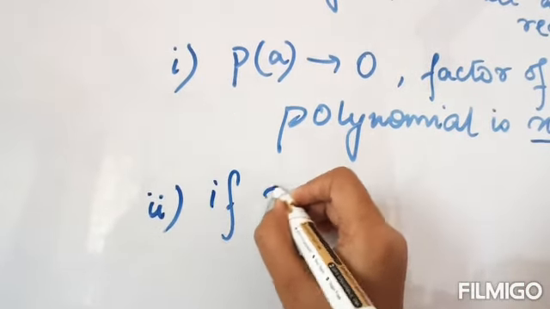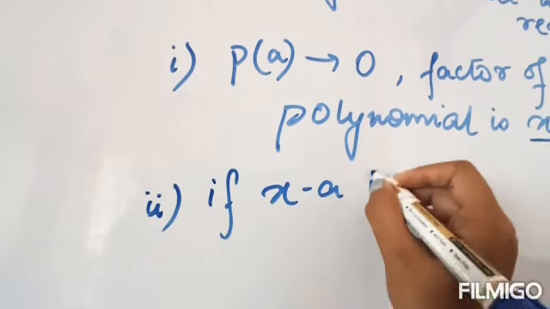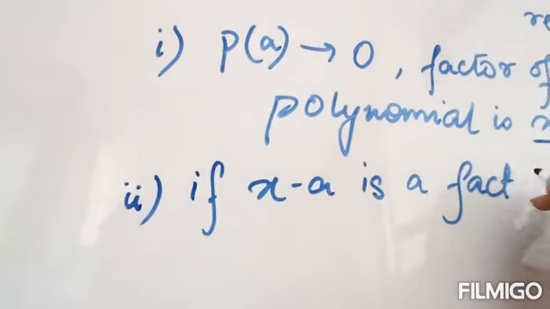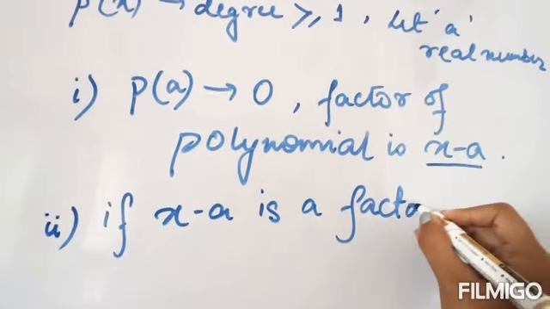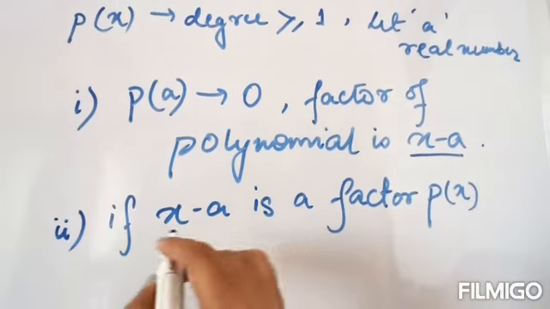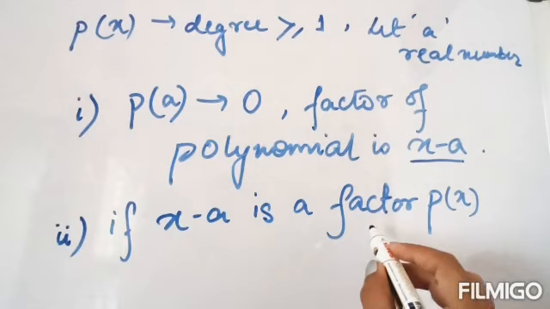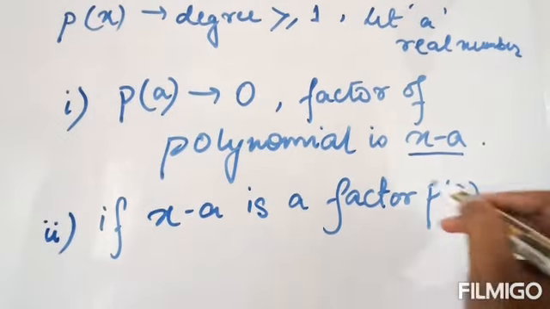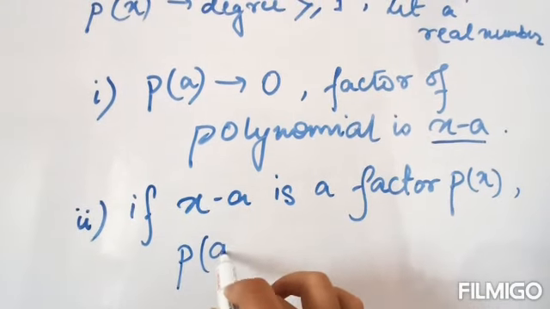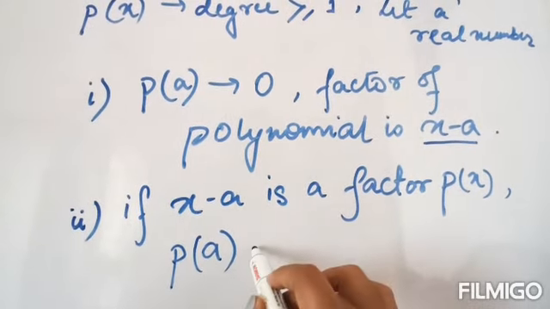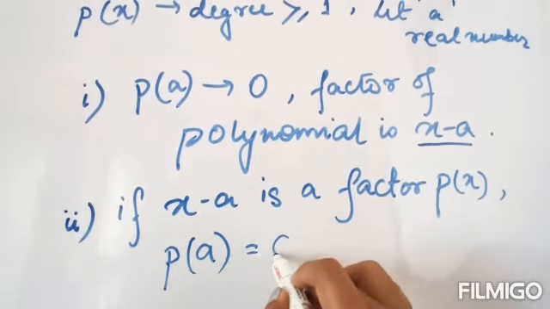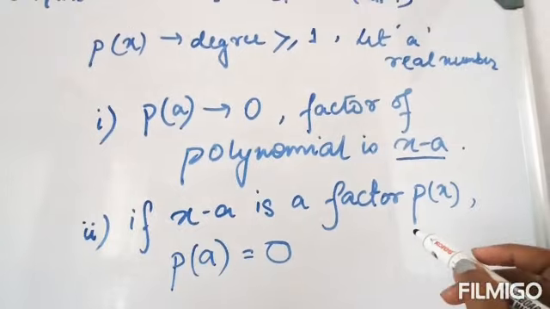If I say x minus a is a factor of polynomial p(x), it will mean that when I substitute a in place of x in the polynomial, the value will come as 0.